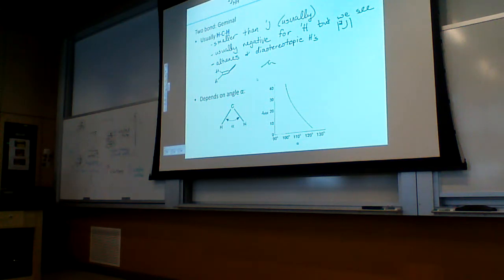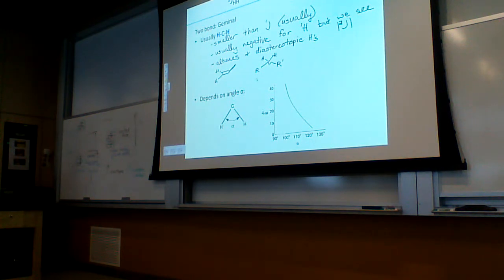Diastereotopic protons are actually two hydrogens attached to an sp3 hybridized carbon, but they are not equivalent. So you have an R and an R prime, and this happens when we have stereocenters in the molecule. And those are now not the same, and they'll split each other, and we will see a coupling constant.